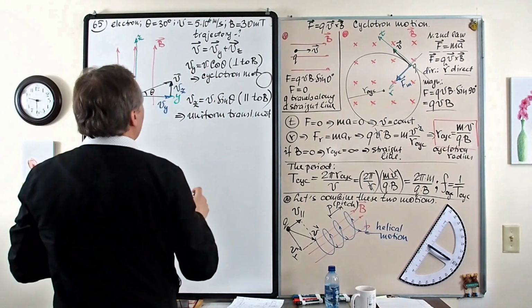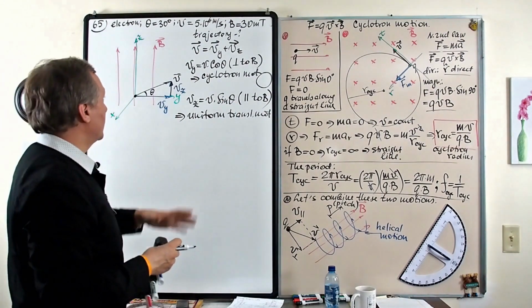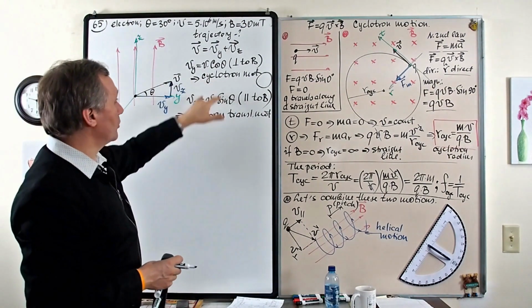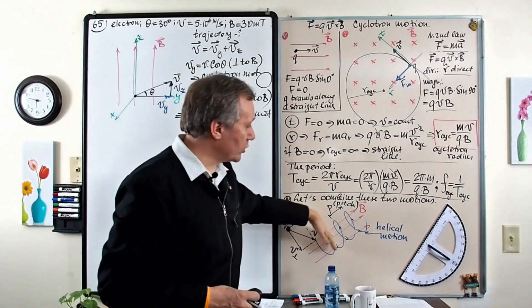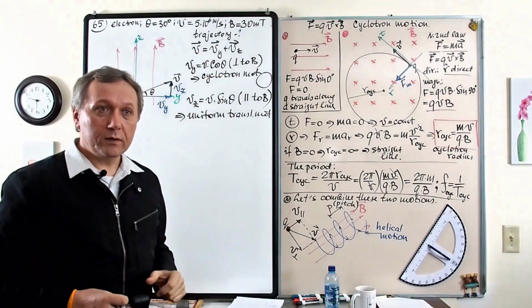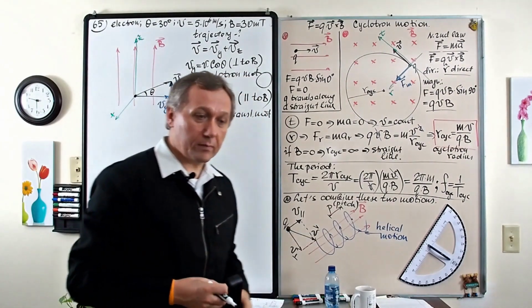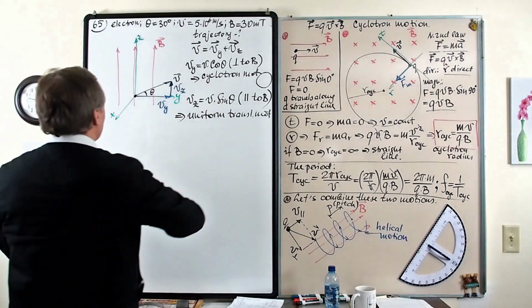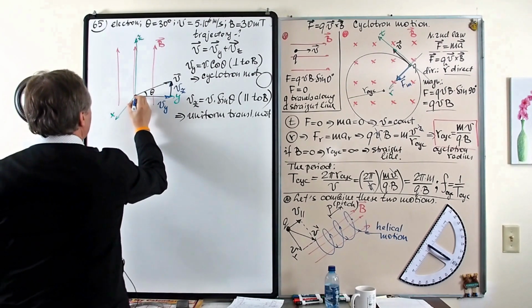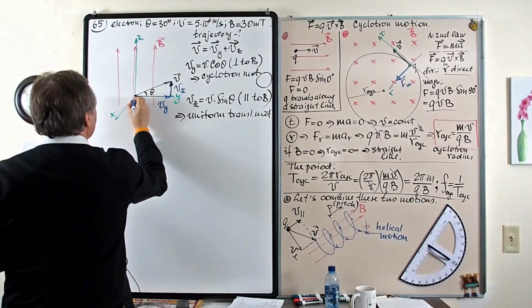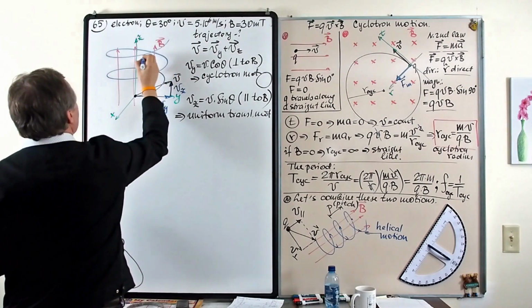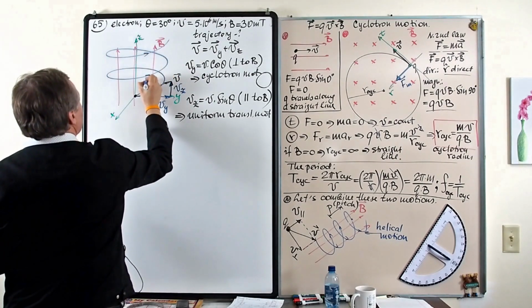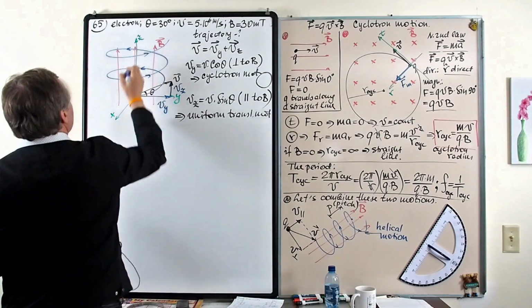Right, so as a result, we have superposition of these two motions, cyclotron plus uniform translational motion. We're going to get a helical motion along the magnetic field lines. So we're going to get something like this, right? Let me draw it, right? Something like this, right?